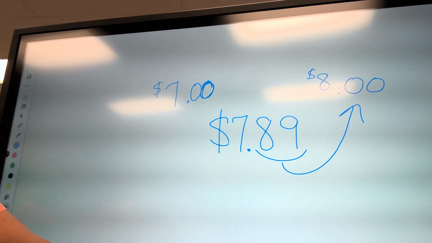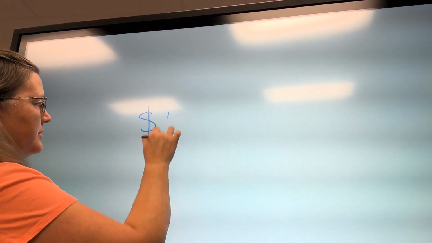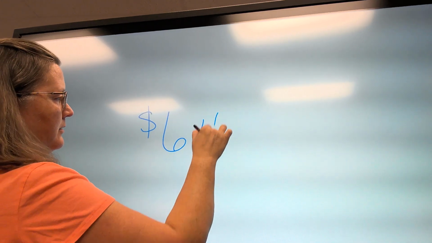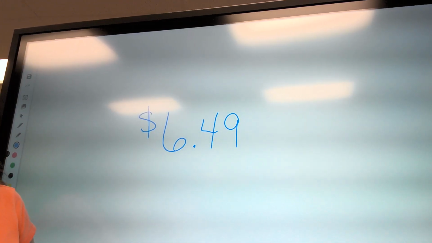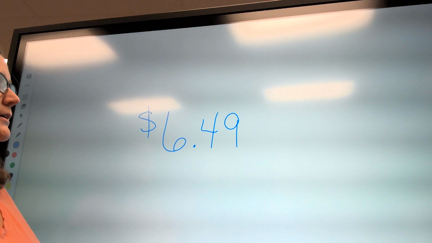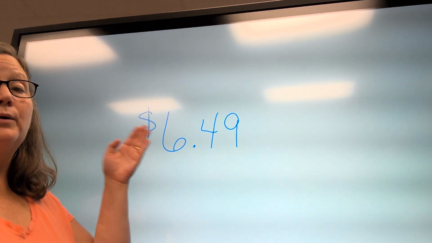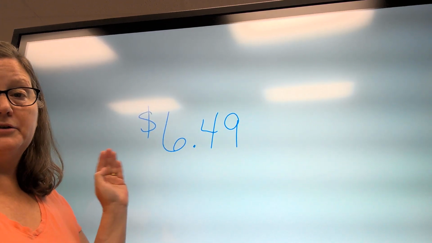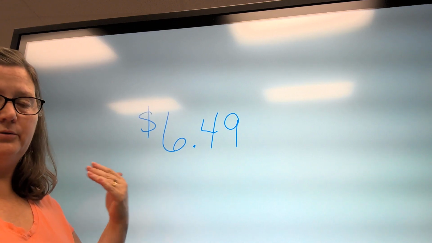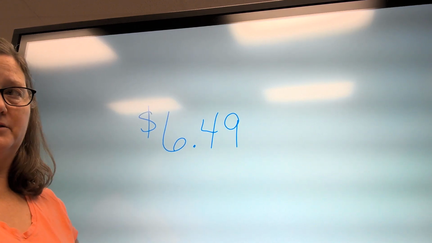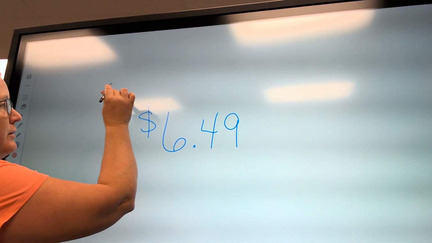All right. I have a few up here that we are going to round, to the nearest dollar. Okay? So between which two dollars would this fall? $1, $2, $3, $4, $5, $6, $7. What would be the lower one?